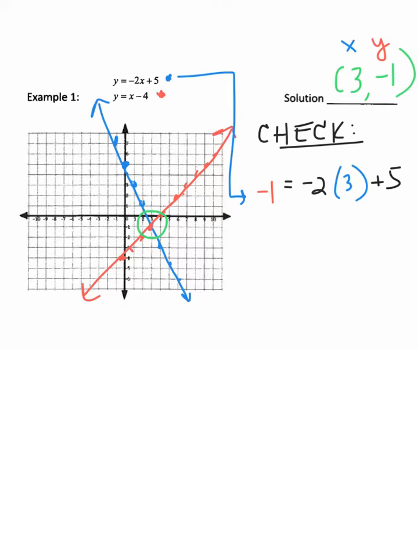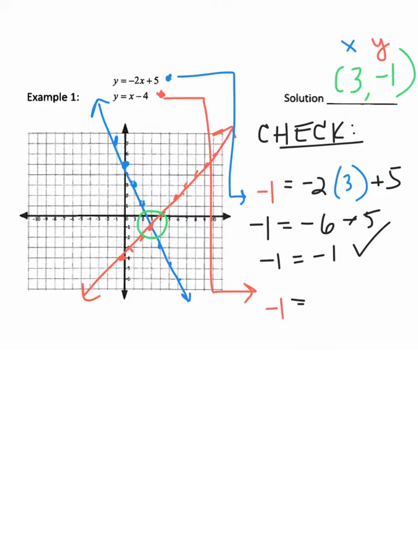So is -1 equal to -6 plus 5? Yes, it is, because -6 plus 5 is -1. So the first equation works out. I also can check the second equation by plugging in -1 for y and 3 for x to get -1 equals -1. So since both equations were true when I plugged in the point 3, -1, I know that I had the correct solution.